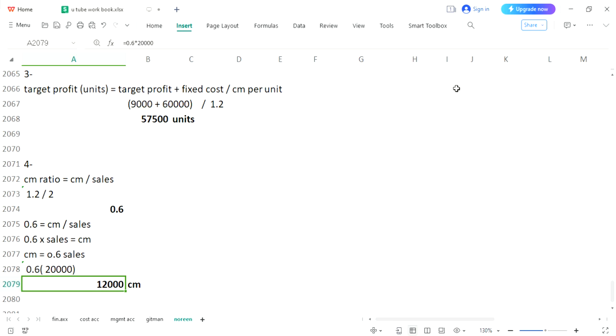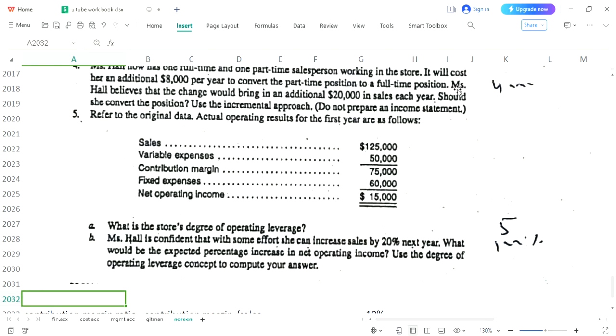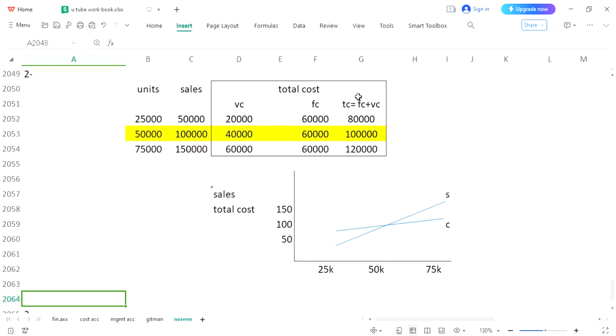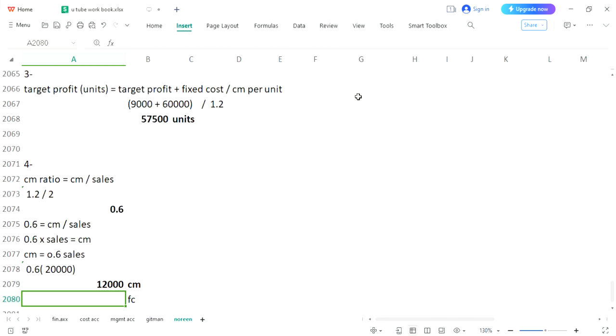On the other hand, after contribution margin, you have your fixed cost. And change in fixed cost is also mentioned in the question, that an additional 8,000 per year would be her salary of employee. So change in fixed cost would be 8,000.